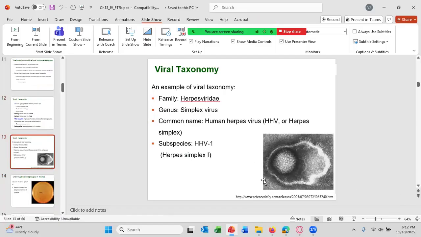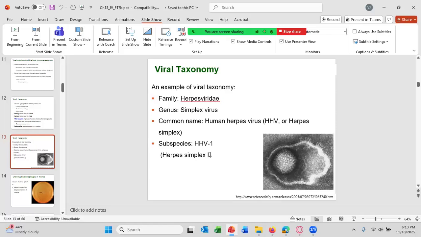All right, let's give an example of the viral taxonomy. An example is the family Herpesviridae, the herpes virus family. The genus can be the herpes simplex virus, which the subspecies can be herpes simplex type 1, causing the cold sore.